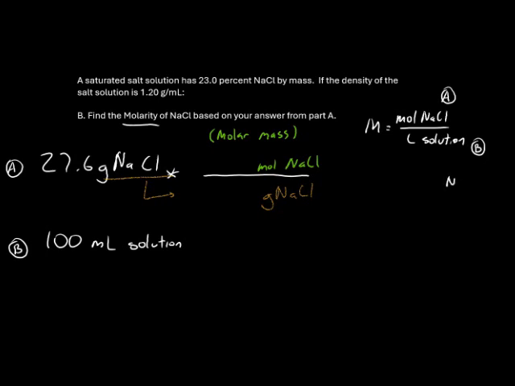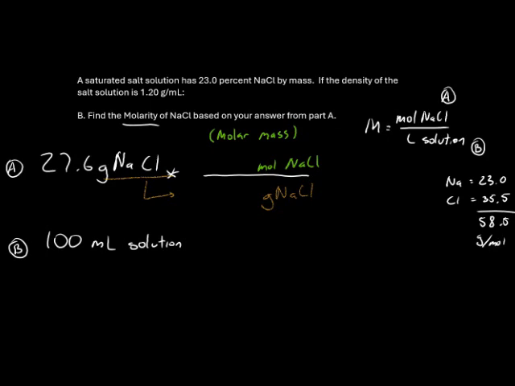We'll have to start from the mass of Na and the mass of Cl and add them together. I'll tell you that Na's mass is about 23.0, and Cl's mass is about 35.5. If we add these together, we'll end up with 58.5 grams per mole.